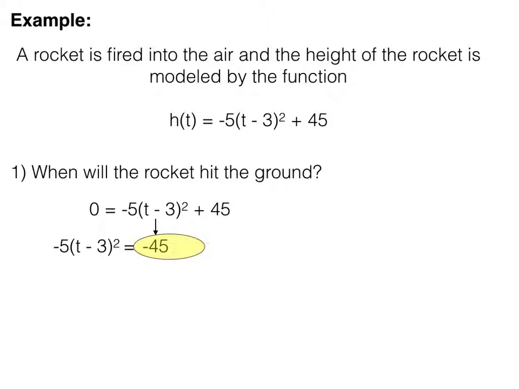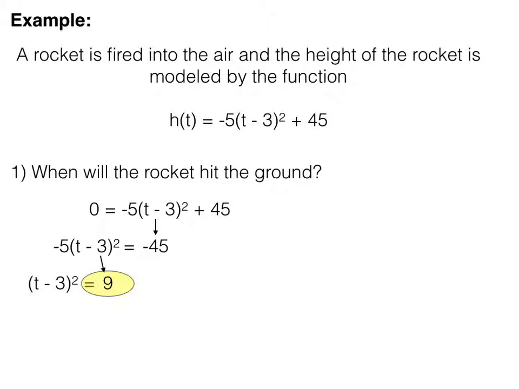The next question is, if -5 times (t minus 3) squared is -45, then what does (t minus 3) squared have to be? Well, -5 times that has to equal -45, so that has to be 9, because -5 times 9 is -45. So that means that (t minus 3) squared has to be 9.